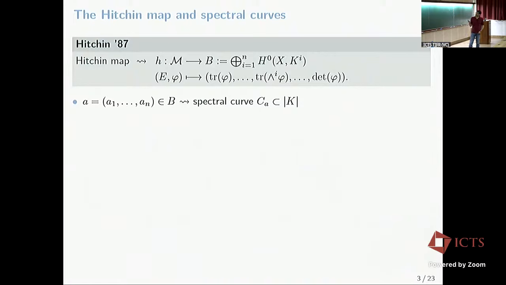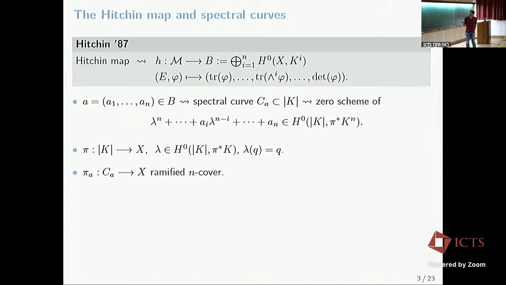The important thing is that out of an element in this space, we can cook up a so-called spectral curve, which lives inside the total space of K. This is my notation for total space. The equation itself is not important for this talk, though of course it's important in general.